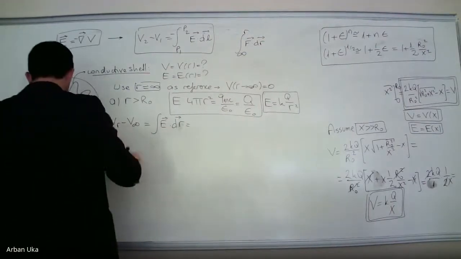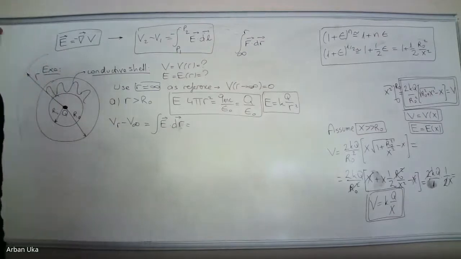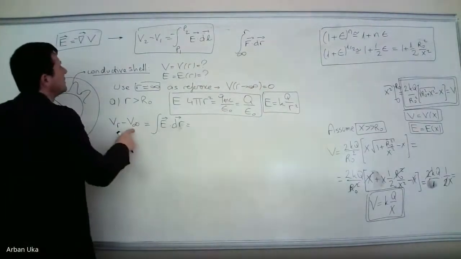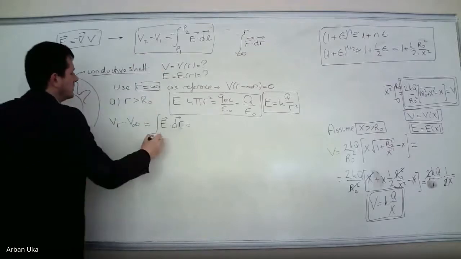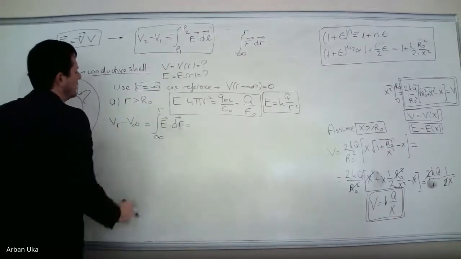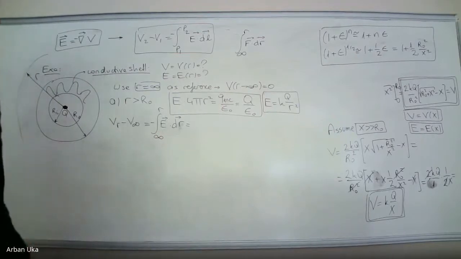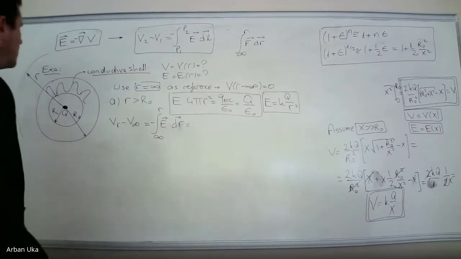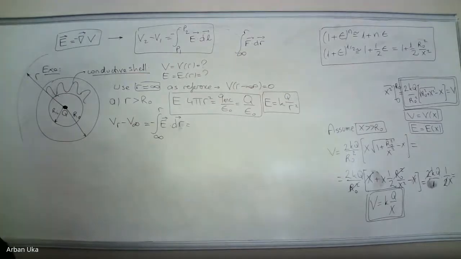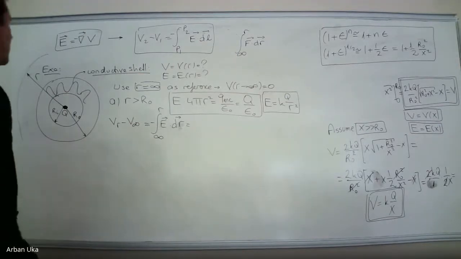So here we have, let's think for a moment. So we have V minus V1. So Vr minus infinity, this is equal to the integral from infinity to r with a minus sign, okay? And then, if this is the case, yes, I think that would be the case.